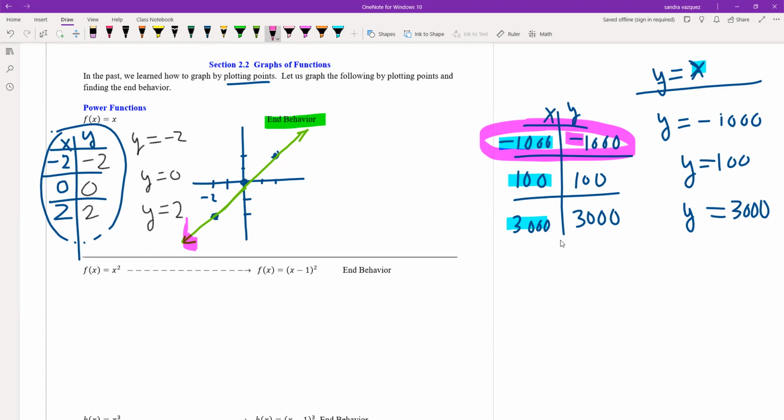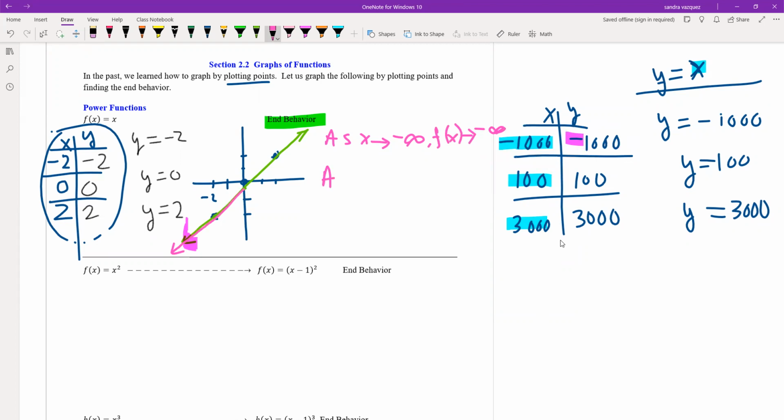So I need to say it somehow, so I'm going to say it this way: as x goes to the negative direction, meaning as I select very large negative numbers, my y value is going to the negative direction. And this is one part of your end behavior.